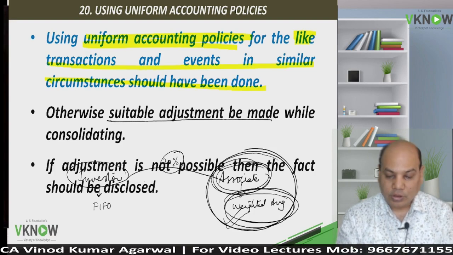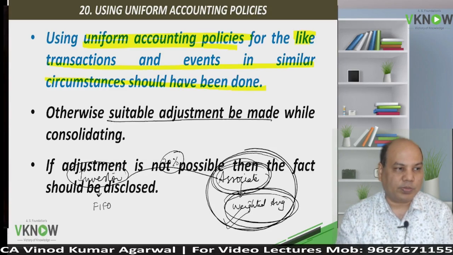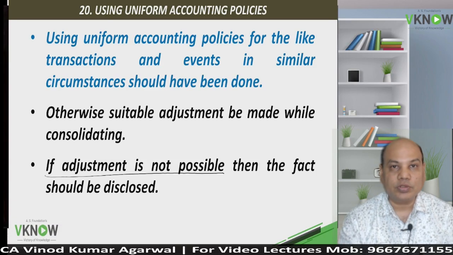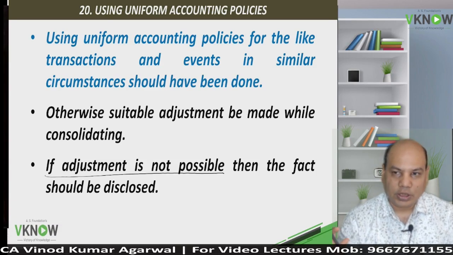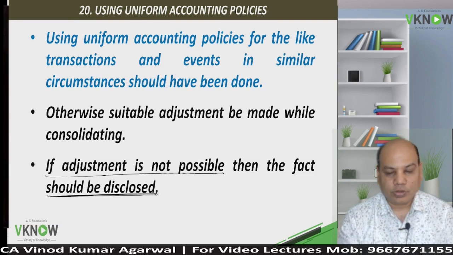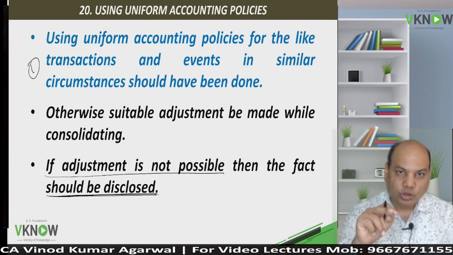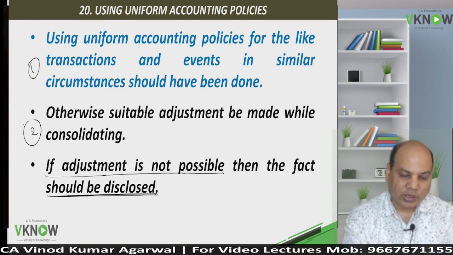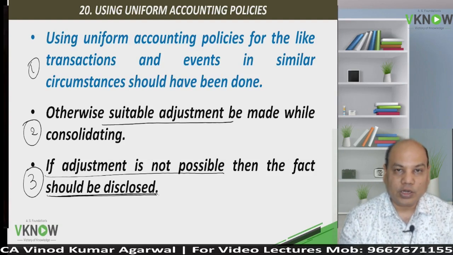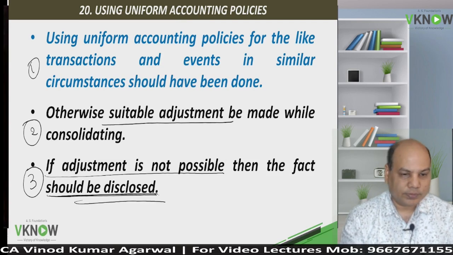If adjustment is also not possible, if the associate may not give you enough detail to make adjustment, then only a disclosure is required in the note. So my first priority, uniform policy. Second priority, adjustment. Third option, if you can't fulfill the first two, make disclosure in the notes.